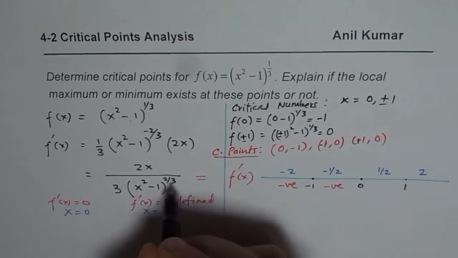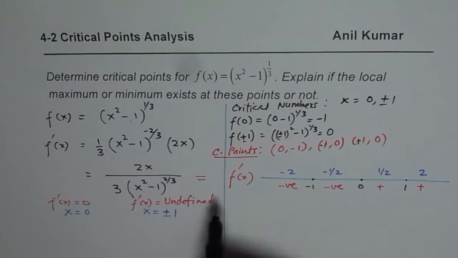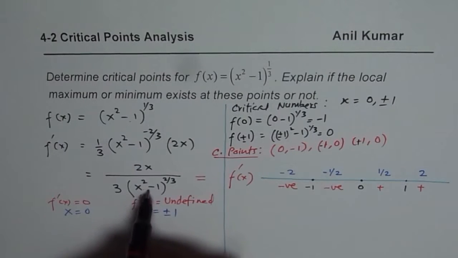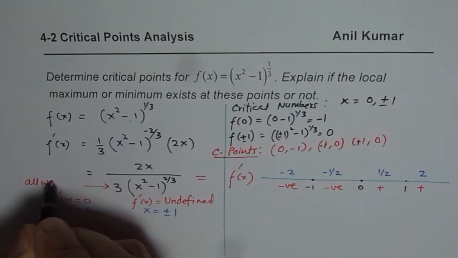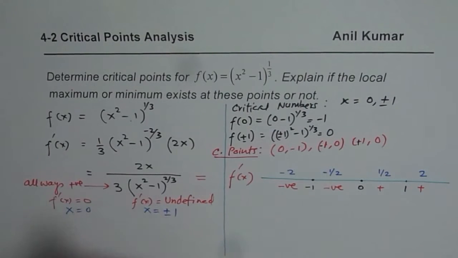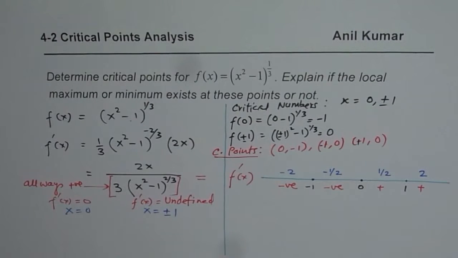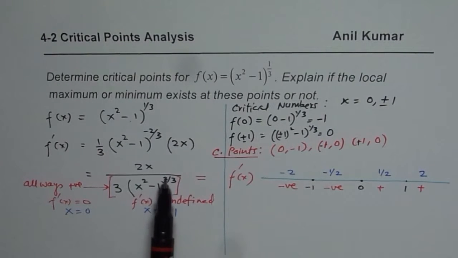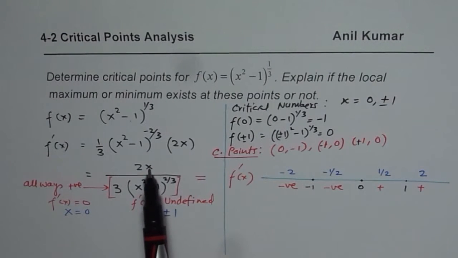Plus will give me positive, and this plus will also give me positive. What you notice here is that this part is always positive for any value because of this square. But the numerator, 2x: x value is negative, numerator is negative. Therefore, the derivative is also negative.